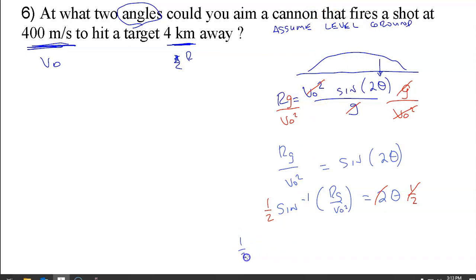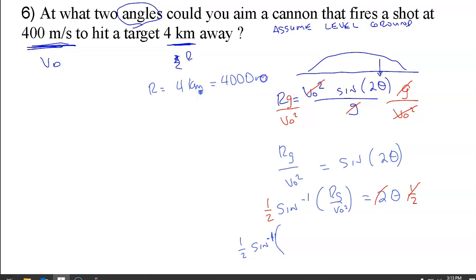So I got 1/2 times the arc sine. The range was 4 kilometers. Remember how I said we don't like anything except meters? That's not in meters. So when they say that R equals 4 kilometers, somewhere in there you say, I got to get this back to meters.